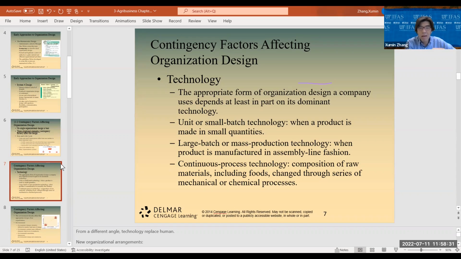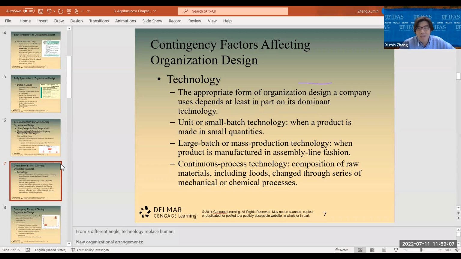Moving along the spectrum from small batch to large batch, you will see more focus on the individual or more focus on the machine. Apple's iPhones are made by a contract manufacturer, a Taiwanese company called Foxconn, very famous.